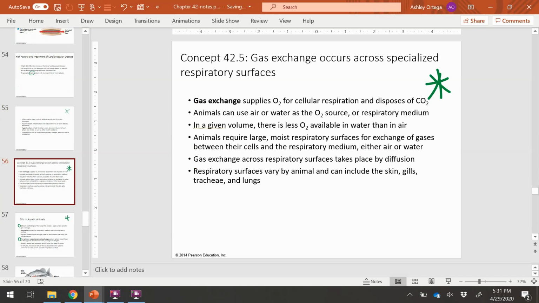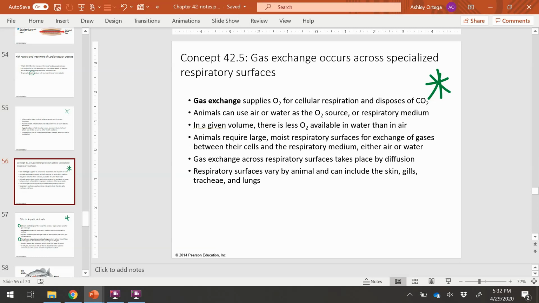And so that wraps up our circulatory system, and now it's going to bring us to our gas exchange or respiratory system. Now that we understand how the circulatory system works, we'll focus on how the respiratory system exchanges gas. Gas exchange supplies oxygen for cellular respiration. It disposes of carbon dioxide waste. Animals can use air or water as the oxygen source or the respiratory medium.